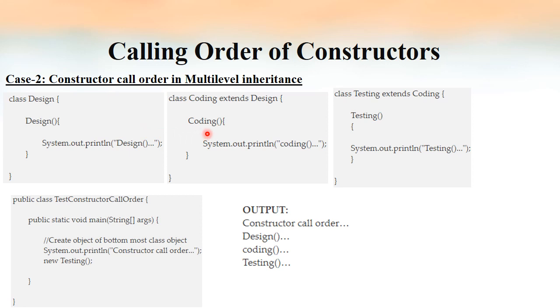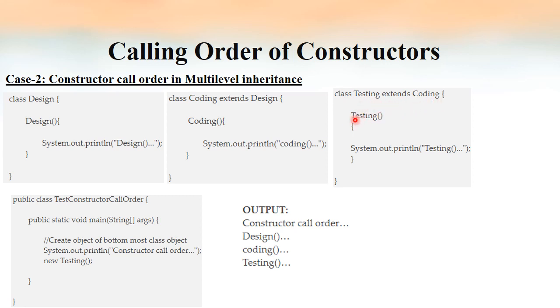This is the constructor of class design, this is the constructor of class coding, this is the constructor of class testing. Okay, and see, we are going to create the object, or we are going to call the constructor of class testing. So now when this line gets executed, as in the previous example, the call gets forwarded to the constructor of class testing. When it reaches here, it will forward the call to the constructor of its parent class.